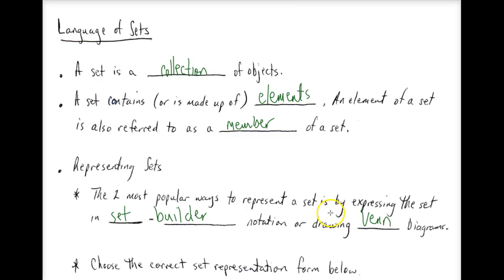We'll talk about set builder notation now, and a little bit about Venn diagrams, but I have other videos that give examples of how we take word problems and form that information into a Venn diagram so that we can answer questions or analyze the situation better. We call those survey type problems. Once you're done watching this series of videos, I encourage you to check those out as well.